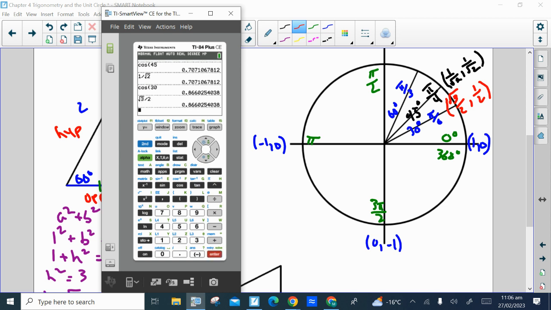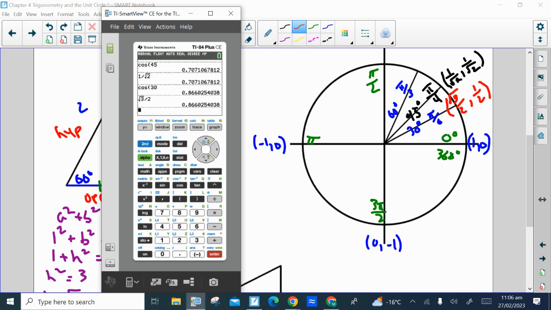Same decimal. But when you use root 3 over 2, that is the exact value of the cosine of 30 degrees, or pi on 6 radians. The calculator gives you an irrational number, a decimal that doesn't repeat or terminate, so you have to round it. The unit circle gives us the exact value.